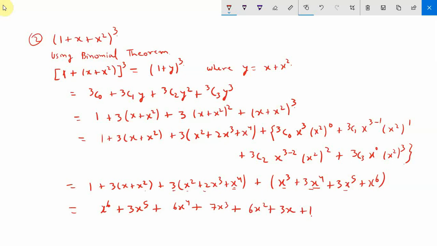Next, we will see how to calculate. See, we can see the application of binomial theorem if we take a problem and say what is the value of 0.99 to the power 5.